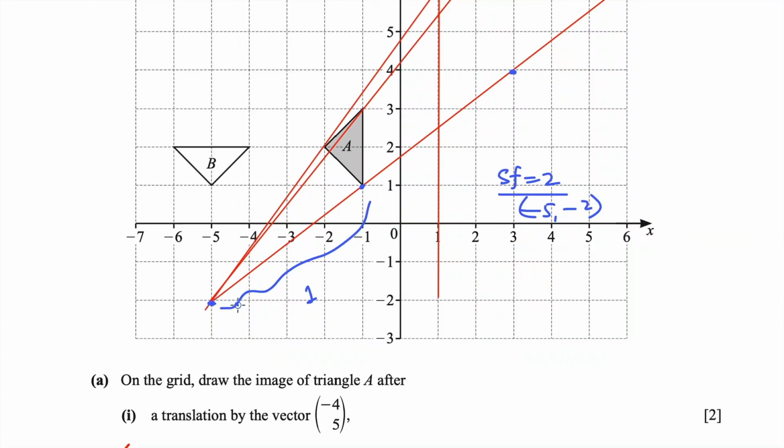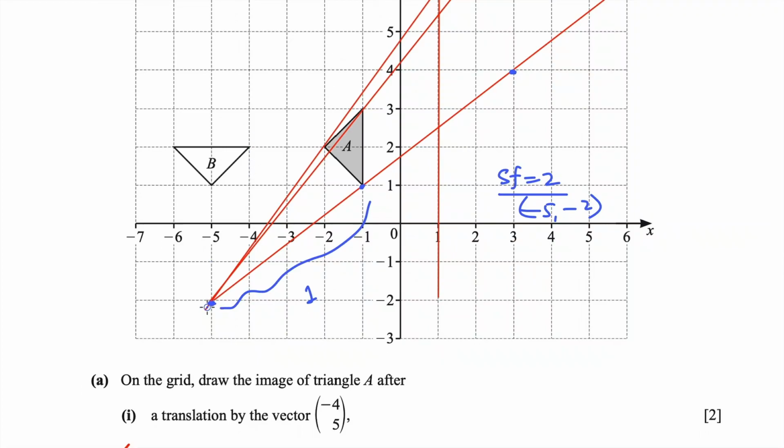Now for the second one, you can see that it has moved 4 to the right and 5 up, so it will move another 4 to the right and another 5 up. So if it moves another 5 up, it will be 8. If it moves another 4 to the right, it will be 3. So this is the corresponding point.